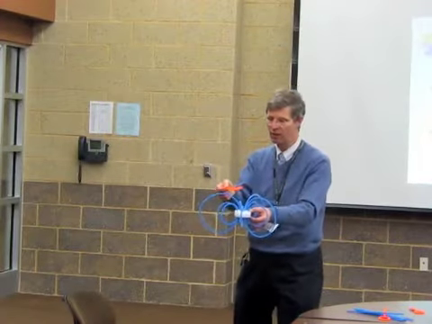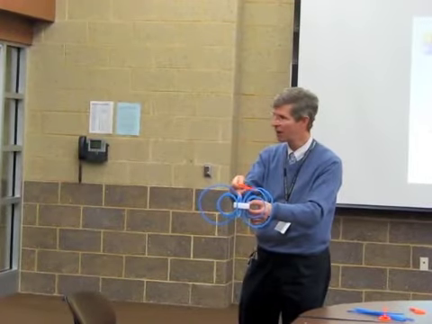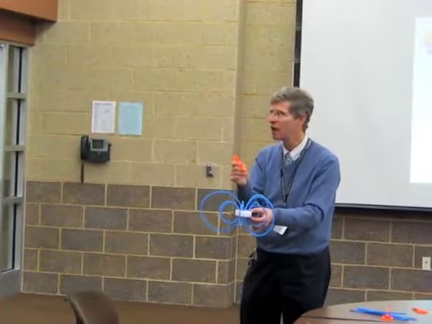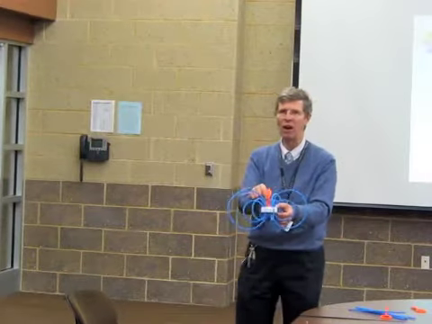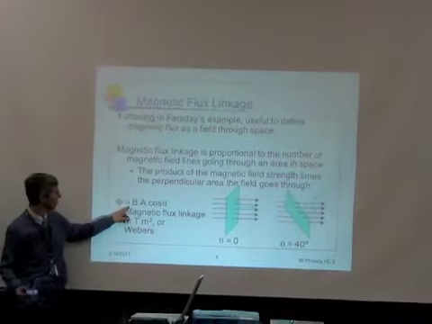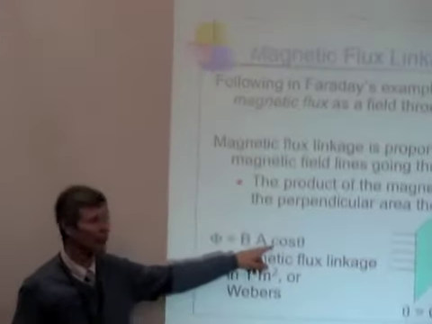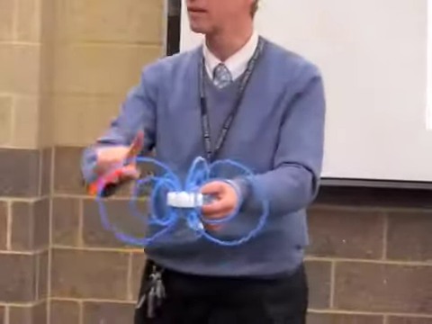Now, if this was tilted in some way, we still have the same area and the same magnetic field strength, but we've changed the orientation. In this case it would be 0. So we have to take that angle into account by using a cosine term. The magnetic flux linkage is the magnetic field strength times the area times the cosine of the angle between the perpendicular of this loop and the direction of the magnetic field.